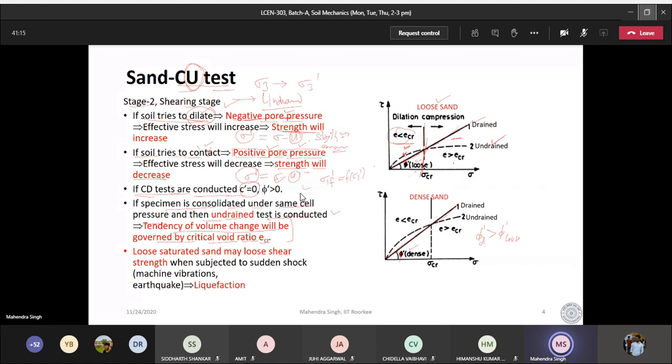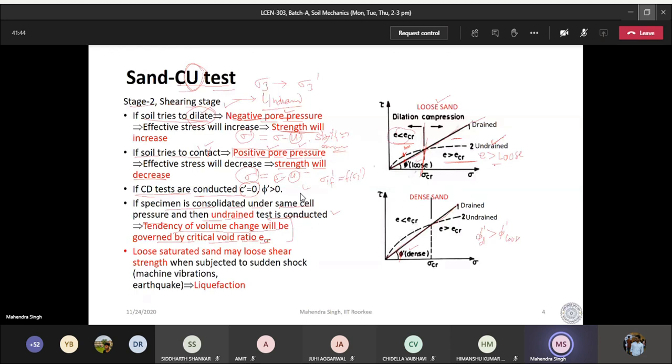Whereas if you are working in this range of confining pressure, here the void ratio is more than the critical void ratio. So here it is loose soil. When it is sheared, it is going to contract.